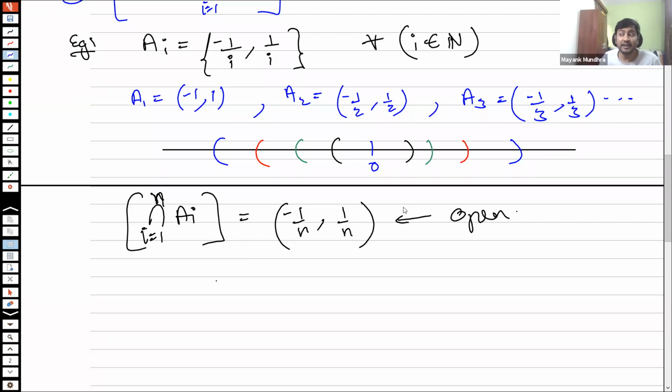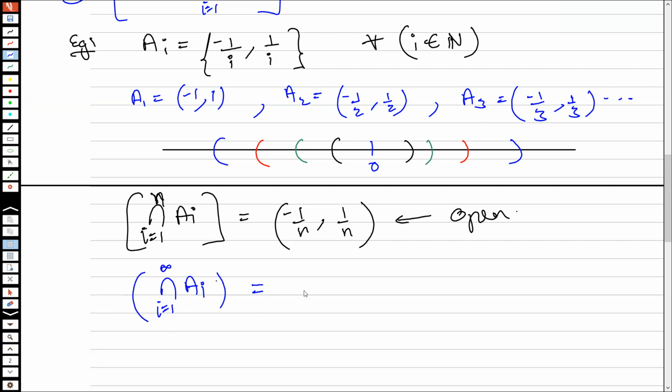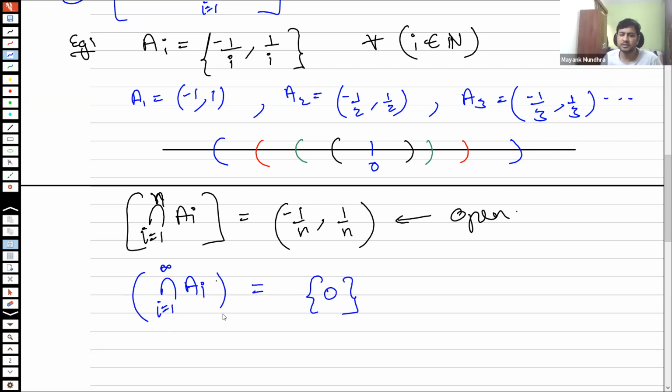But if I take an infinite intersection, this is where the question becomes interesting. What happens with an infinite intersection? Can anybody tell me what's going to be the infinite intersection of these sets? A singleton set containing 0. Very good. So it's the singleton set containing the element 0.